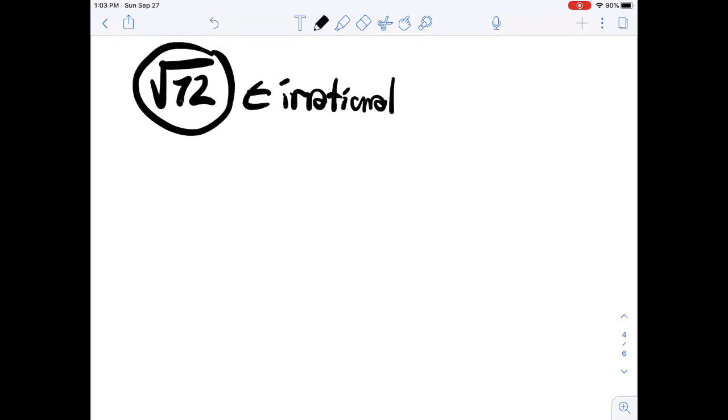In order to express an entire radical as a mixed radical, you need to create a factor tree of the radicand to find all the factors of the radicand.